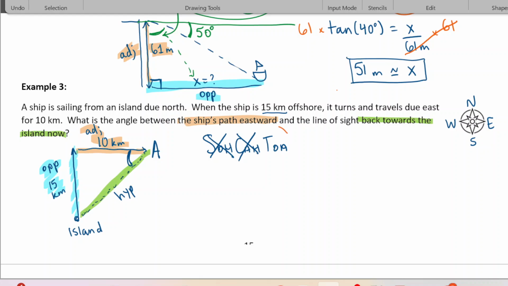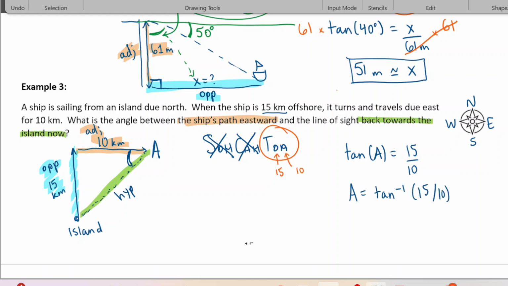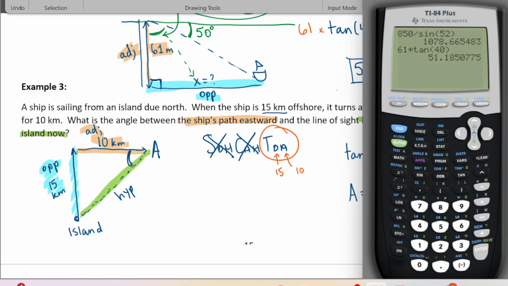I want to use the tan ratio here because I have the opposite, it's 15, and I have the adjacent. So let's go ahead and write our ratio, and then we can calculate. So it's 15 over 10, opposite over adjacent. And then remember, when we're finding an angle, we use that inverse button. So that's what I'll type into my calculator. The inverse tangent of 15 over 10. 56.